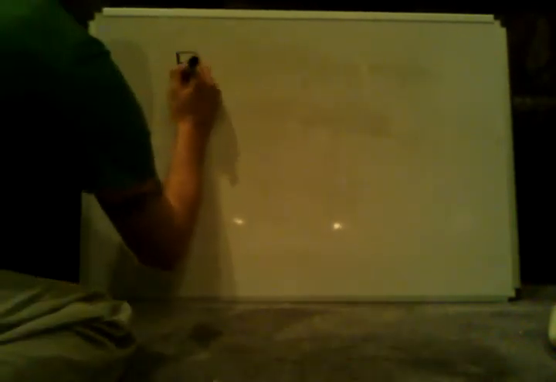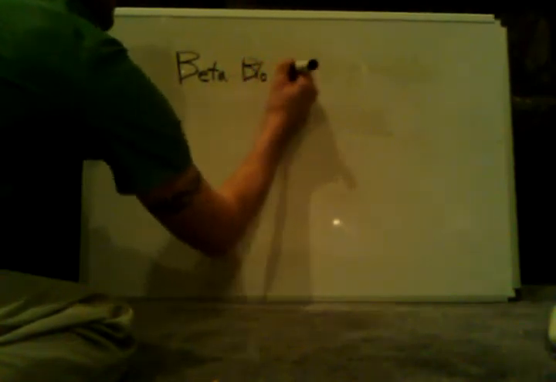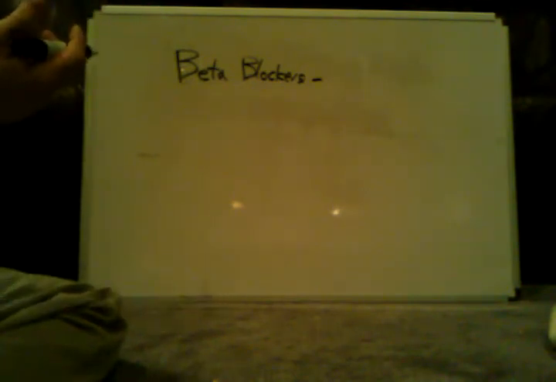The B's are the beta blockers. And beta blockers, when I think of beta, things are usually in a beta stage before they come out in a full stage, whether it be apps on your phone or different electronics. They come out in a beta stage.